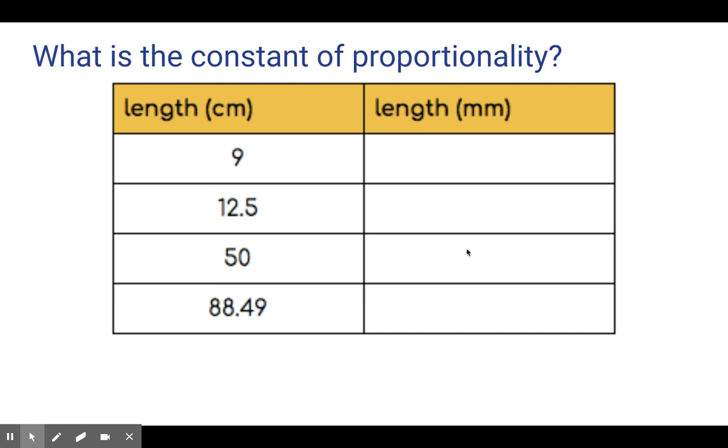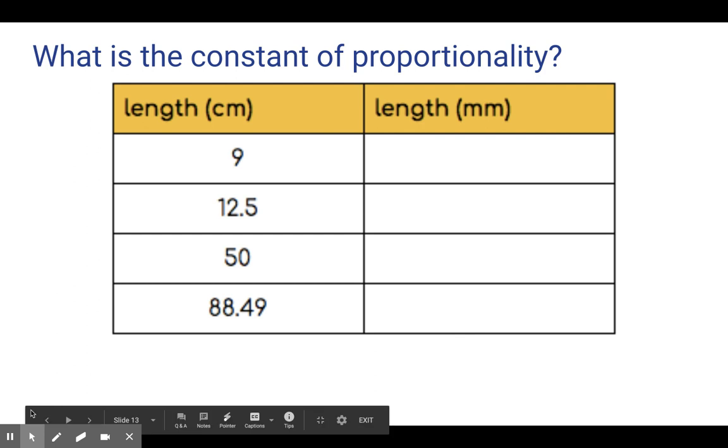And because we're checking this and I want to make sure that you're completing your work, I'm not going to go over this last one, but if I were to multiply 88 and 49 hundredths by 10, what would my equivalent be in millimeters? So again, go ahead and answer that one because that will be one of the problems that we check when we are submitting the student companion.